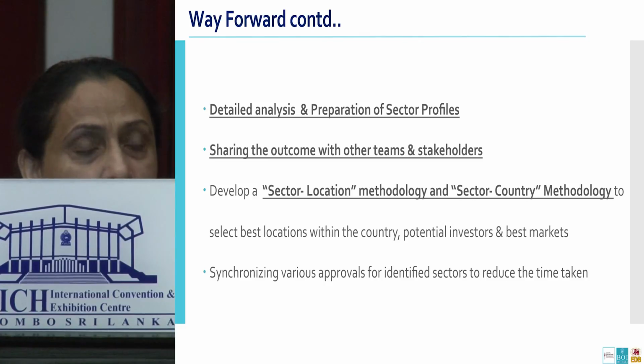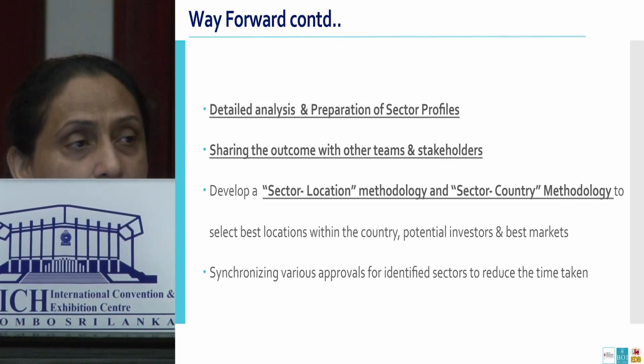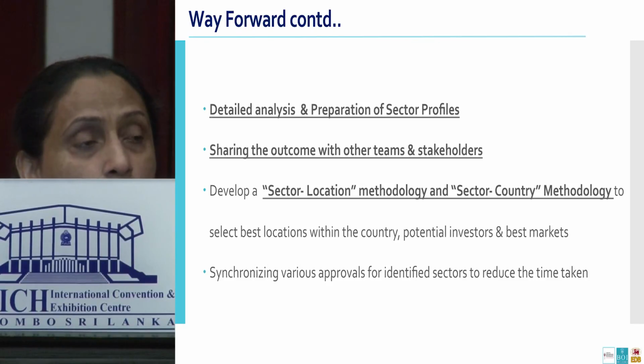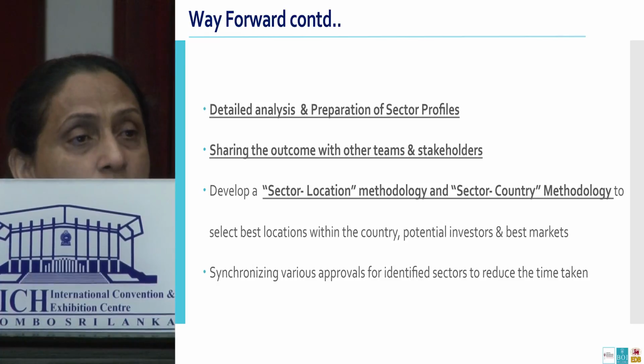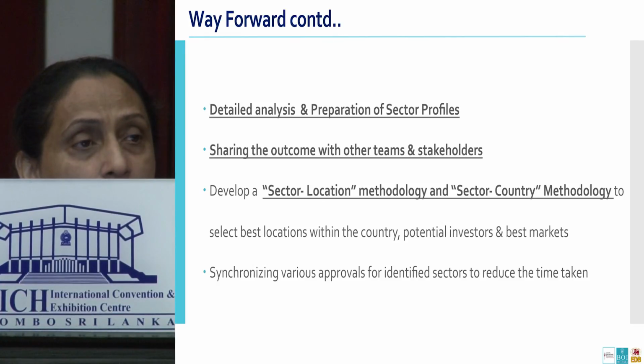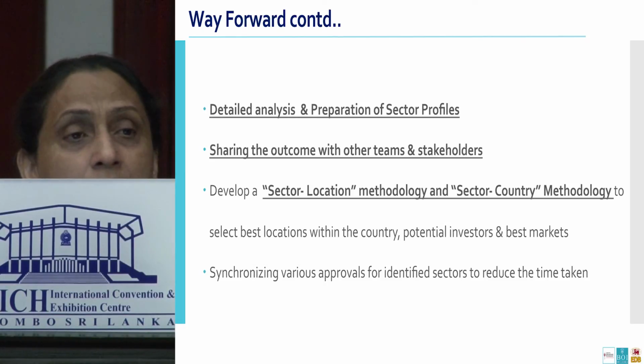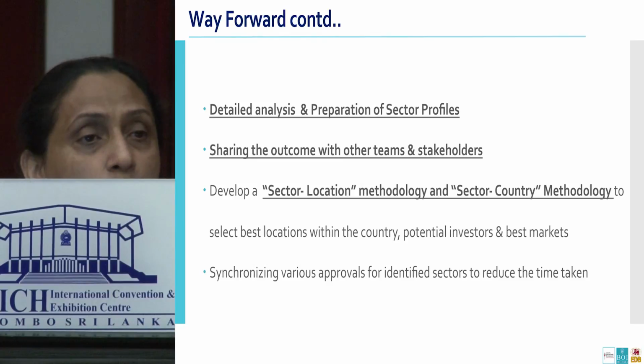And also, by the sector country methodology, we can see which countries go for outward investments and for what sectors, and who the investors are, if they are the anchor investors, to whom we should approach. If we want a very big pharmaceutical investor, we may not need 10 or 15, but if we need one good investor, we should propose what they need and see what we can offer them and get that investor.